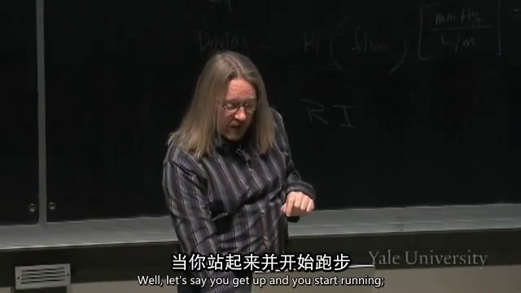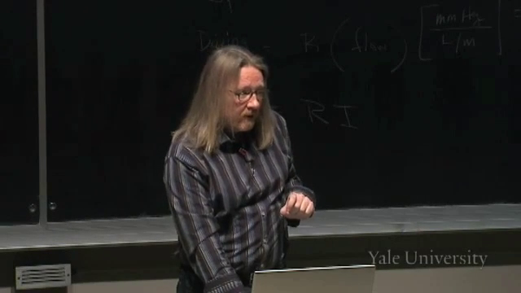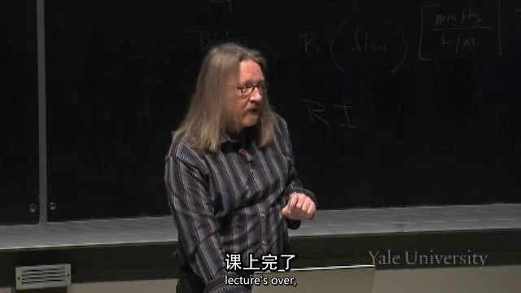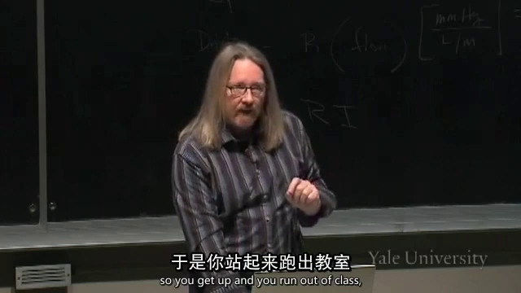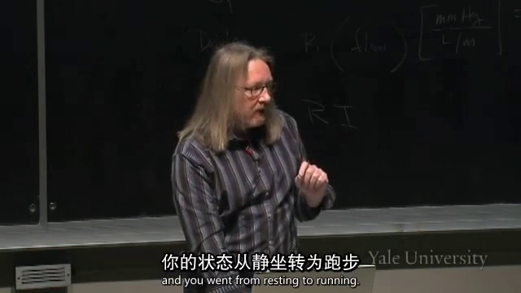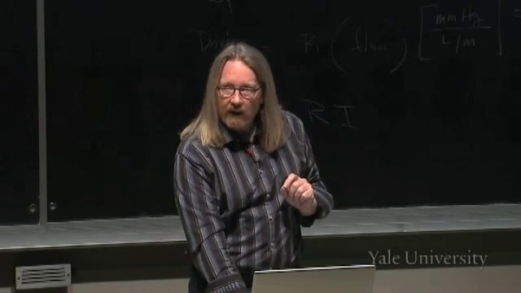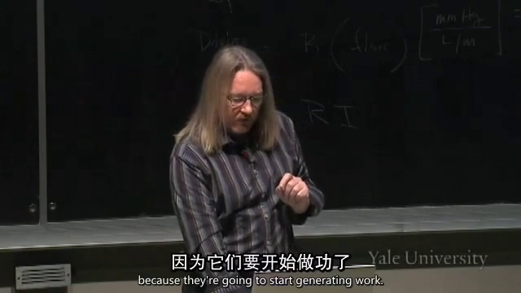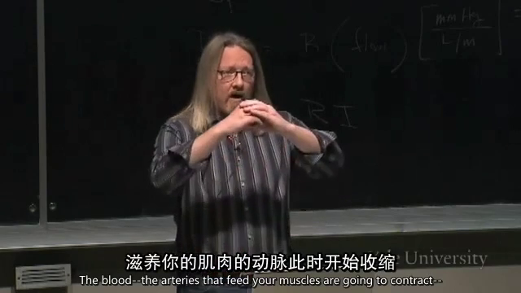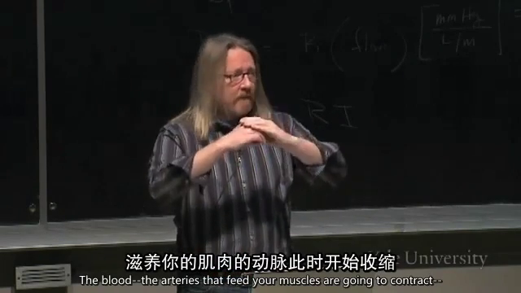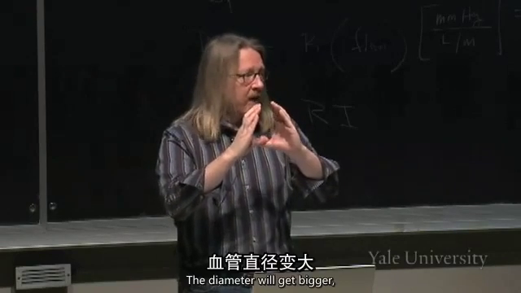So why is that important? Well, let's say you get up and you start running. The lecture's over. You're excited to tell your friends about it, so you run out of class. You went from resting to running. Now all of a sudden your muscles need more blood, because they're going to start generating work. The arteries that feed your muscles are going to relax. Diameter will get bigger.